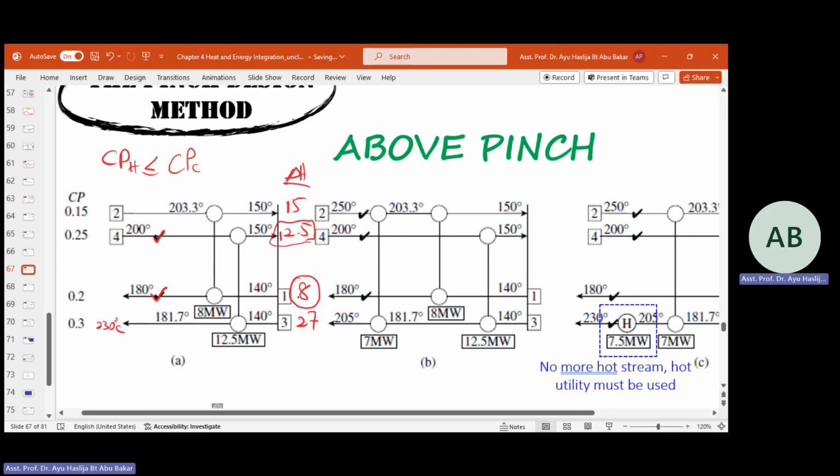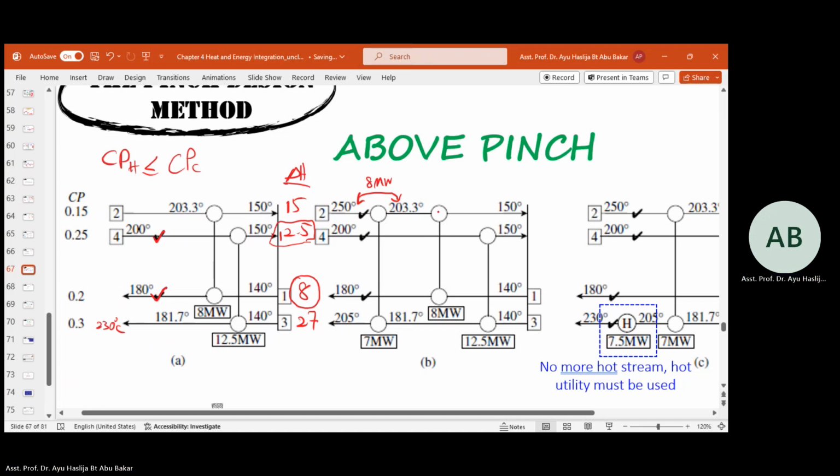It already gives out 8, so it changes temperature to 203. It still has 7 megawatt left. Total is 15, so 7 is left.